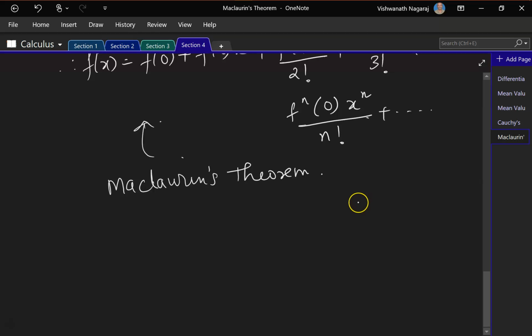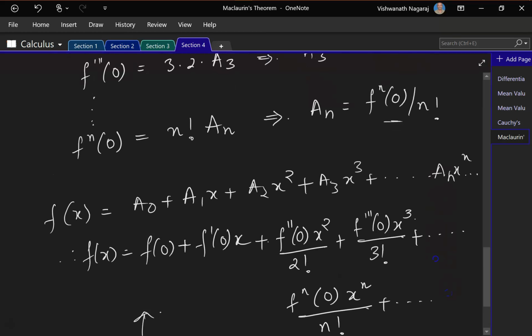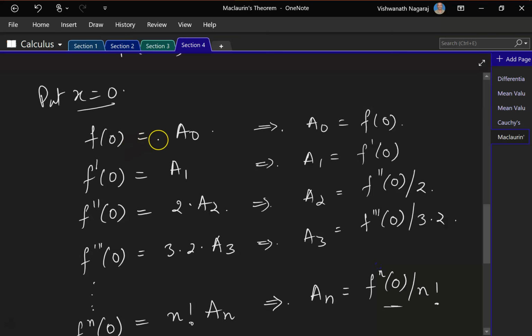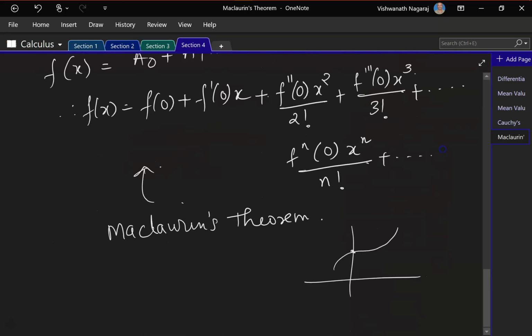Okay, let's see how this is useful, and it's very useful. But let's very briefly look at how it looks graphically. So let's say I have a graph. Now I want to know at 0 how the graph looks like. So when I have f of 0, a0, that is f of 0 is here. So at 0, this is where it is. But if I plot it, I'll get something like this. Okay. Now I differentiate it.